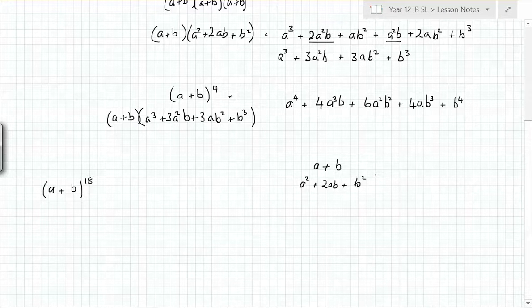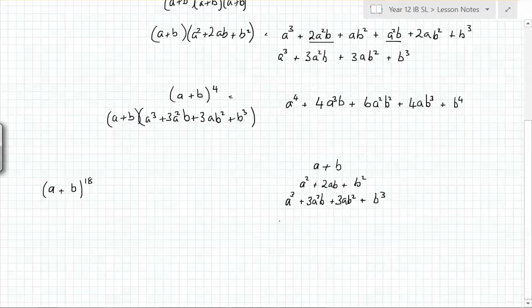So I'm kind of writing it in a triangle. A plus b to the power of 3 was a cubed plus 3a squared b plus 3ab squared plus b cubed.